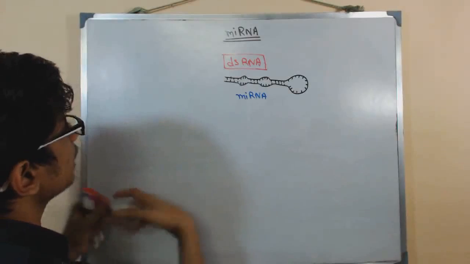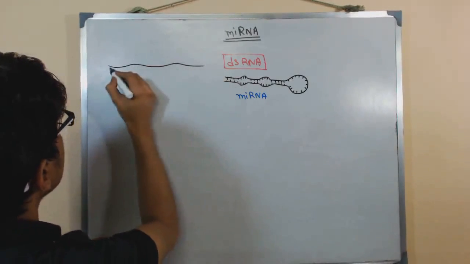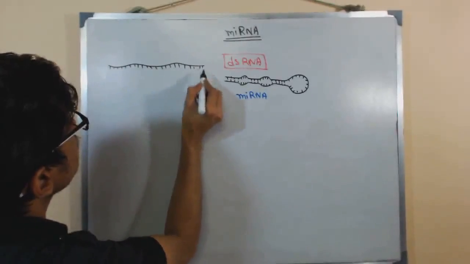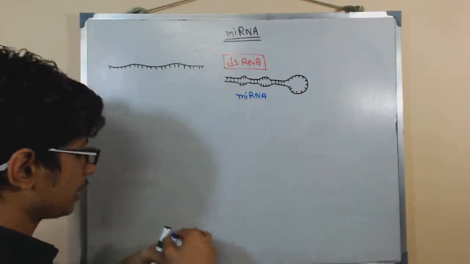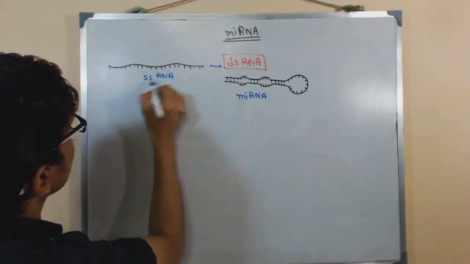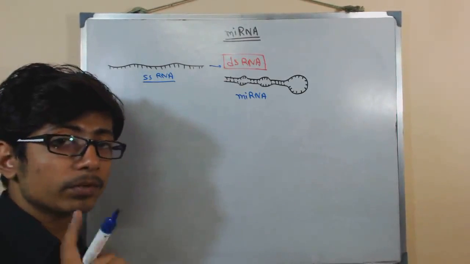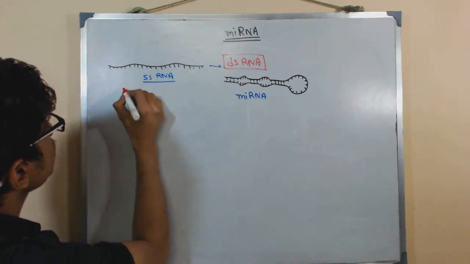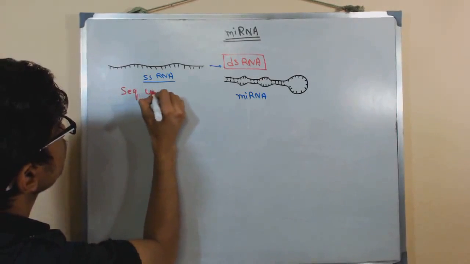For example, that single-stranded RNA was like that. And that single-stranded RNA is now converted to this double-stranded RNA. But there is an important feature of this single-stranded RNA, and that feature, remember, is the sequence complementarity.